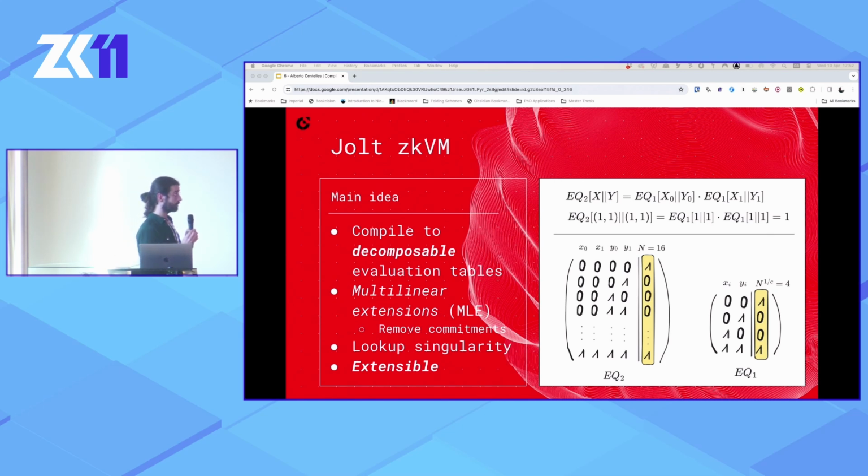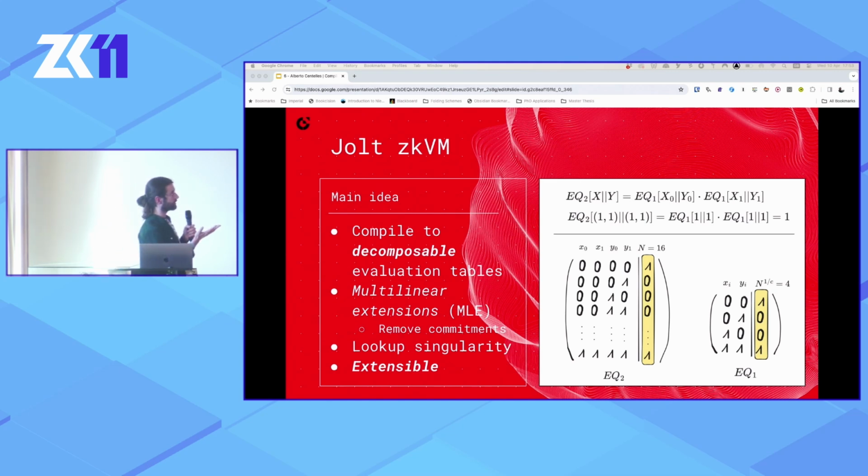That's quite tractable. So they don't need to commit to the matrix anymore. And that makes this problem of splitting a matrix into multiple chunks appealing, or tractable.